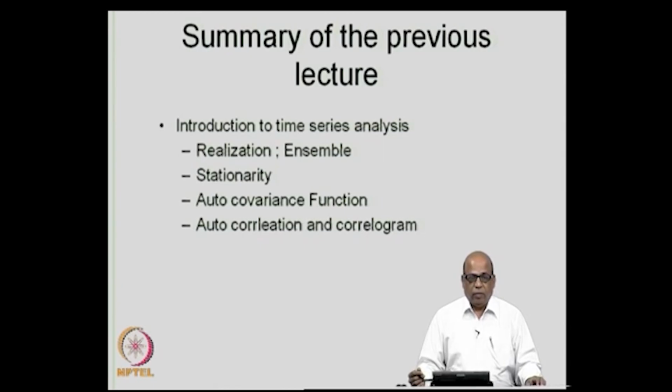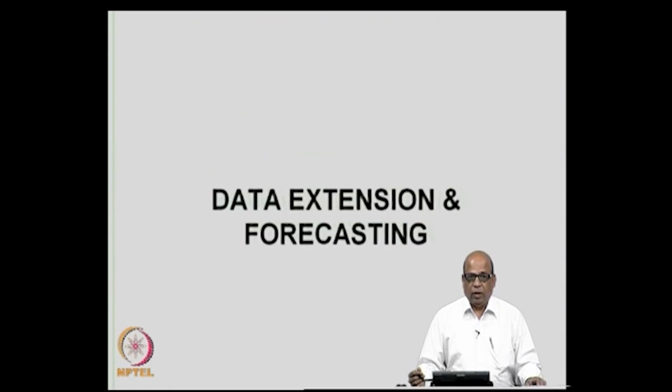Today we discuss an important aspect of stochastic hydrology, and we will introduce the concepts of data extension and forecasting. As I mentioned in the last class towards the end, in any hydrologic planning and design exercise, we rely on the observed data.